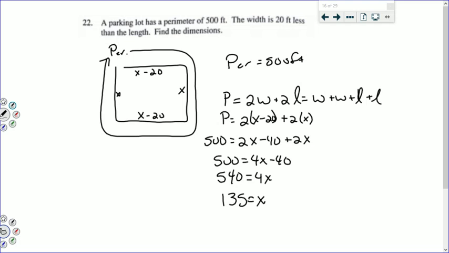So our length, right? Width is 20 feet less than length. Yes, width is 20 feet less than length. Our length is 135 feet.